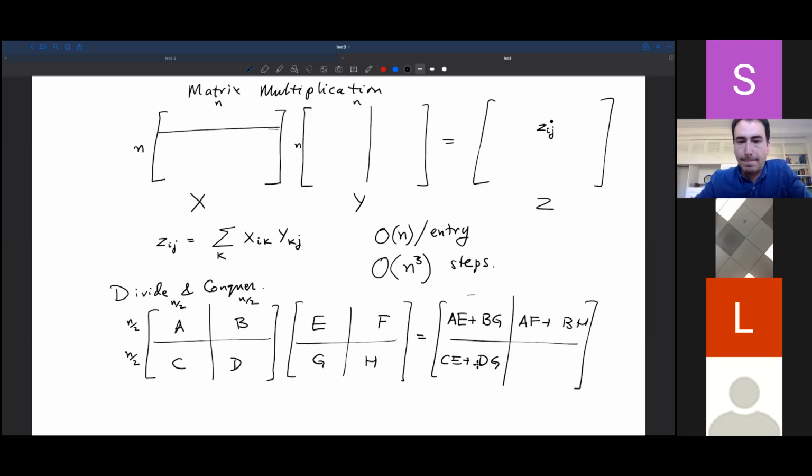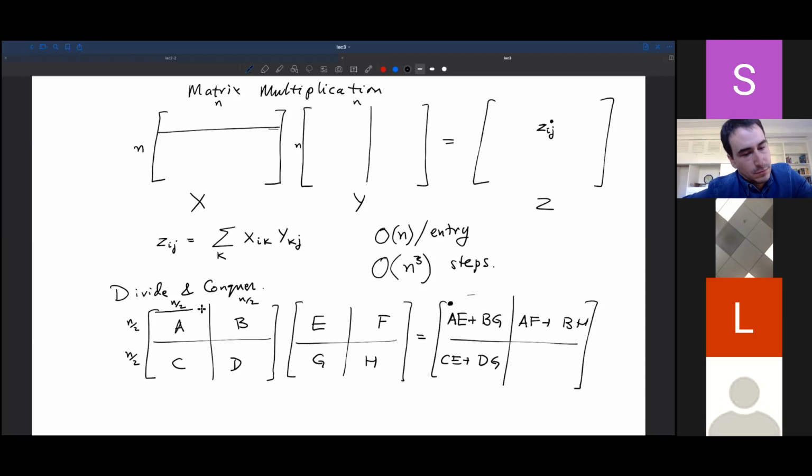Okay, so I just want to make sure you understand that this is actually kosher to do. Let's look at an entry of this matrix and see that it turns out right. Let's look at this top left entry. You can do this for any entry, but let's just do top left. What's A times E? This is going to be the top left entry of A times E plus the top left entry of B times G. What's the top left entry of A times E?